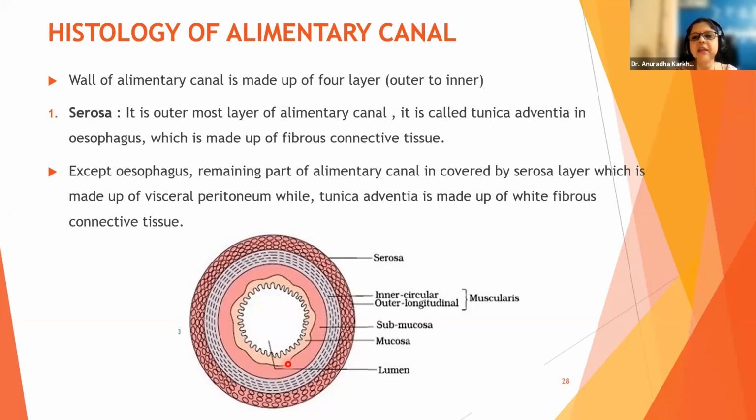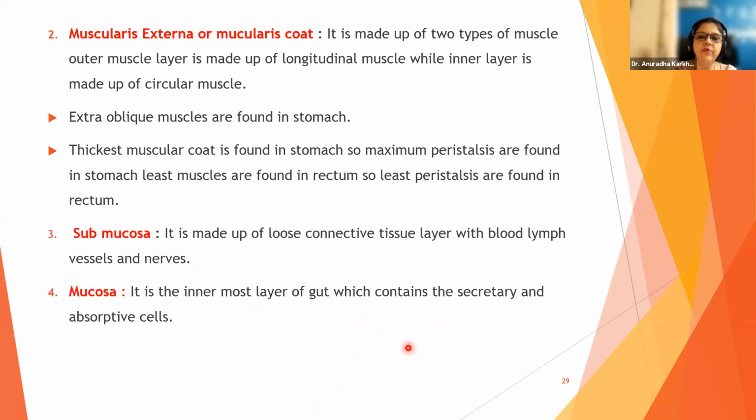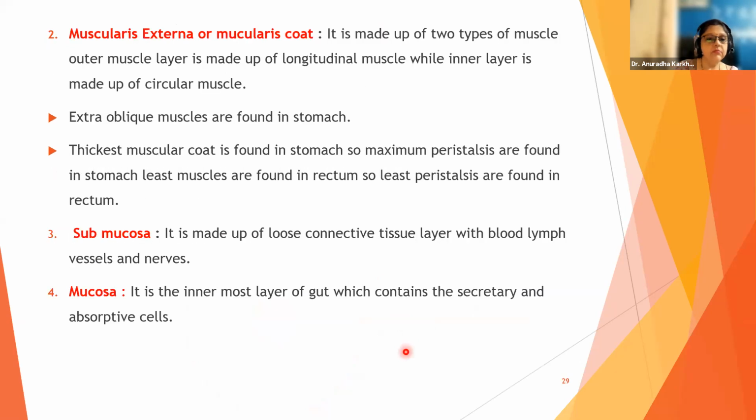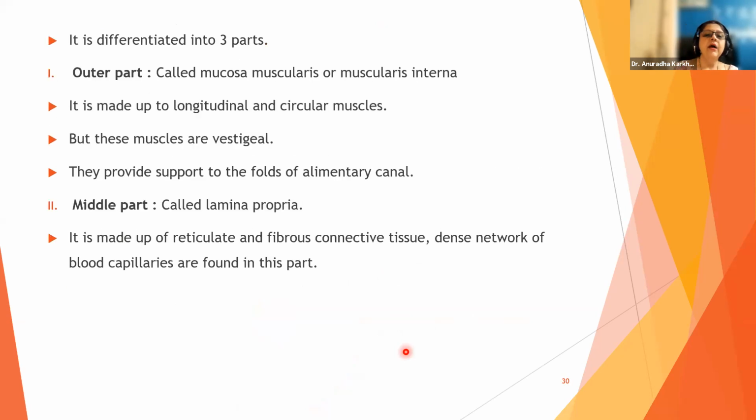Anything else, my dears? Anyone having any difficulties, or shall I move ahead? I'll go ahead. Okay, beta. Yeah. Now, this mucosa we are going to talk about in detail. The mucosa is differentiated into three parts. The outer part is called mucosa muscularis or muscularis interna.